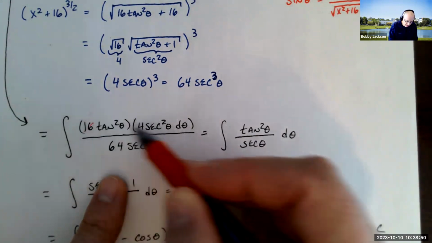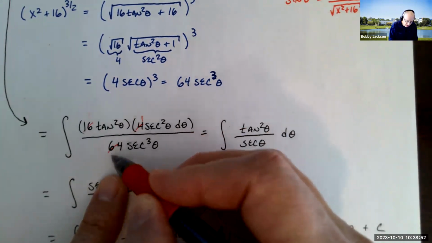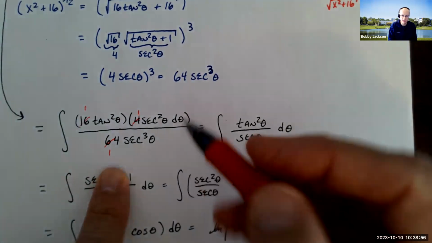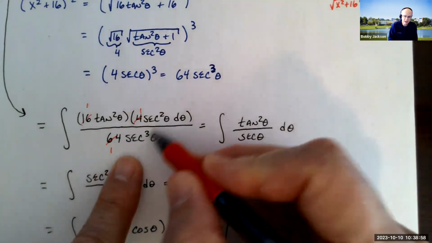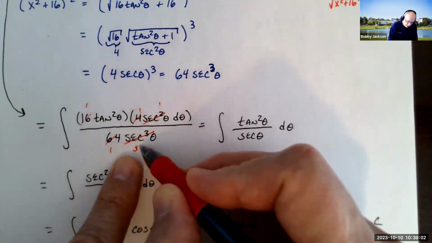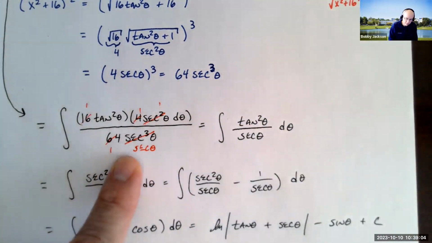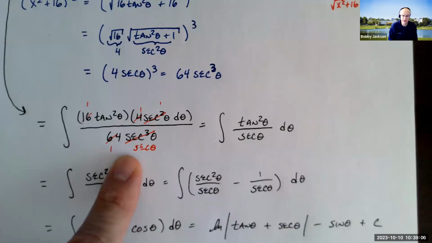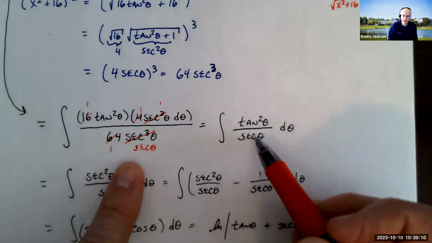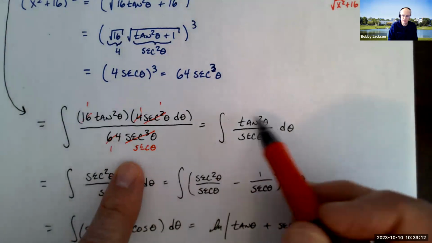So all that can simplify down to 1, right? And then I've got secant squared here, secant cubed. I can divide top and bottom by secant squared, and I get secant theta in the denominator. So I've got tangent squared up top, secant theta in the denominator. And this is what we're integrating now.